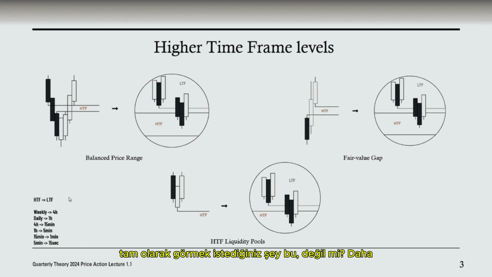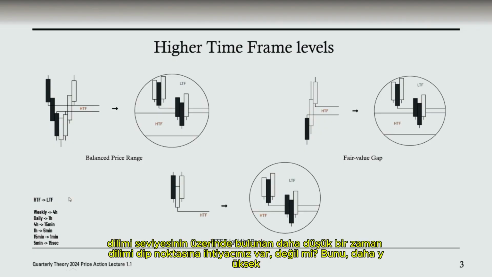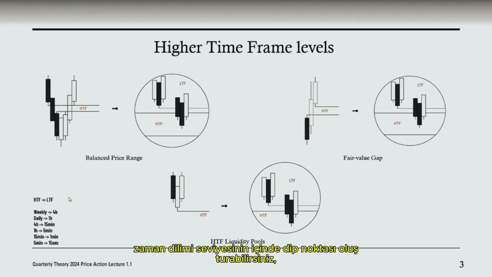You need a lower time frame low, which is located above a higher time frame level, right? You can have the low inside of the higher time frame level, but it must be above equilibrium, right? Which is the center of the higher time frame level, which we are looking at in regards to imbalances.